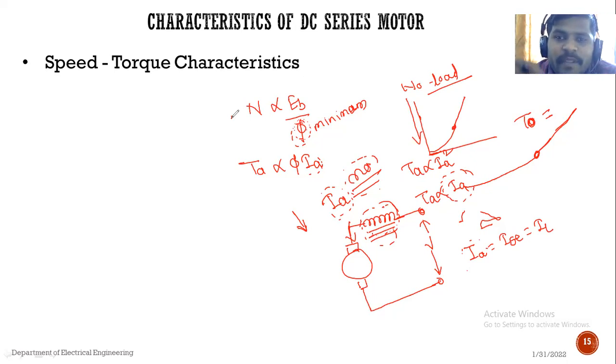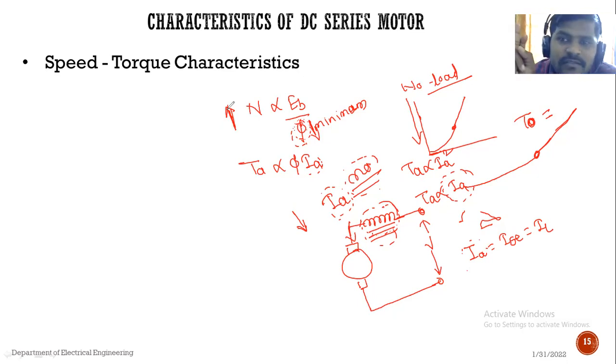And according to the relation, N is directly proportional to Eb divided by phi. If phi is minimum, the speed of the motor is maximum. So if this series motor is kept on no load condition, due to that minimum value of flux, the speed of the motor is dangerously high.